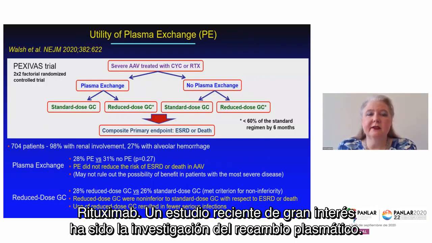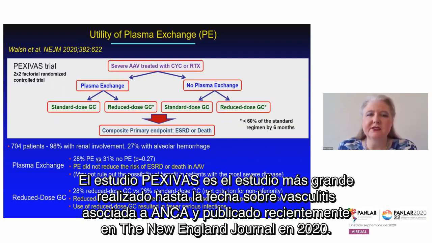A recent study of intense interest has been the investigation of plasma exchange. The PEXAVAS study is the largest study performed to date in ANCA-associated vasculitis, recently published in the New England Journal in 2020.